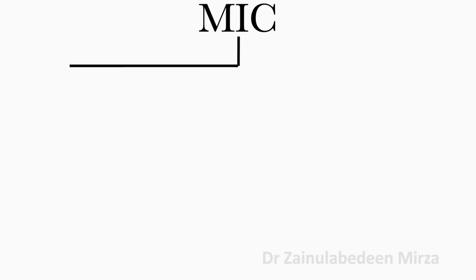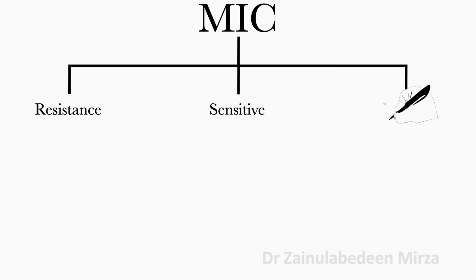The MIC test divides bacteria into these susceptibility categories: resistant, sensitive, and indeterminate. This test is used to determine if an agent will be effective or not against a specific organism. Both antibiotic concentration and MIC are essential in determining drug doses.